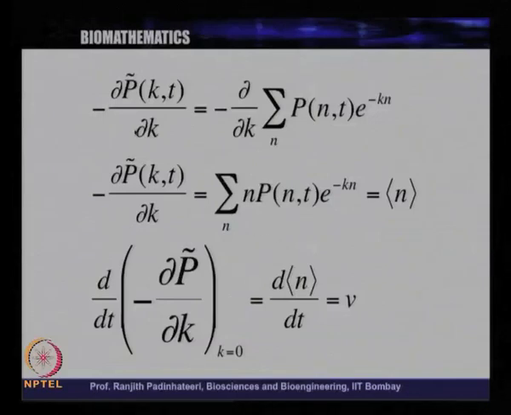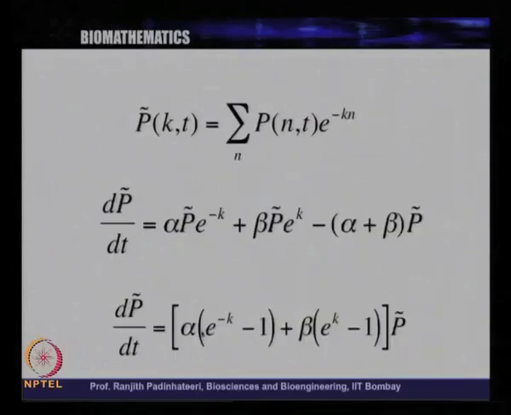If you find the one derivative with respect to k, what you essentially get is n p n t power minus k n, and if you evaluate this at k equals 0, it will give you n average. The correct statement is: d by dt of minus del p tilde by del k at k equals 0 is n average.